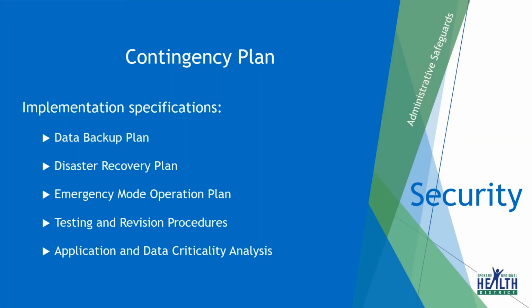The Contingency Plan Standard states that agencies must establish policies and procedures for responding to an emergency or other occurrence that damages systems. At SRHD, this standard is addressed by plans, policies, and procedures, such as the Continuity of Operations Plan, the Systems and Data Backup and Recovery Procedure, and the Testing and Revision Procedure.